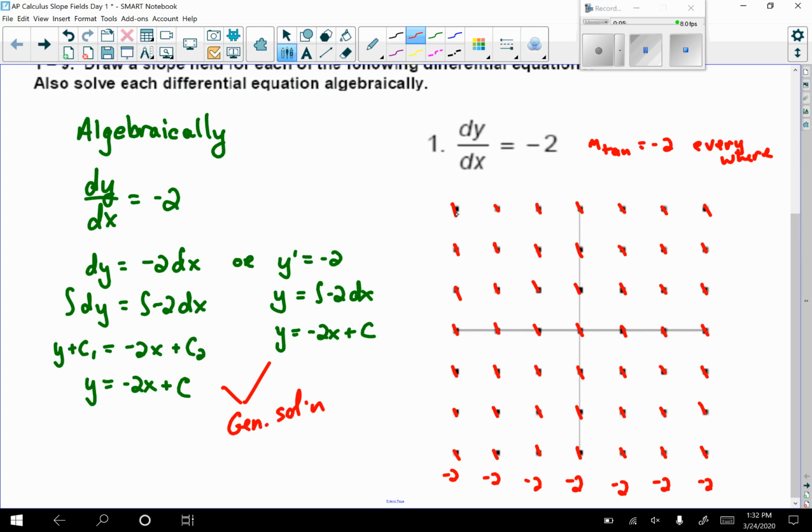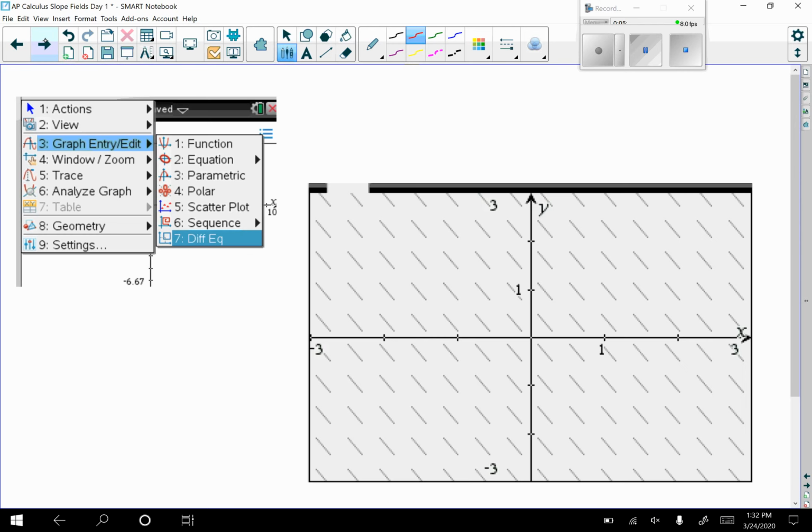So on your calculators, if you go ahead and grab that, we're going to go to a graphs page. And then go to menu 3 and go down to, on here it's number 7, but on my actual handheld calculator it's 8. You're just looking for that diff EQ, differential equation.